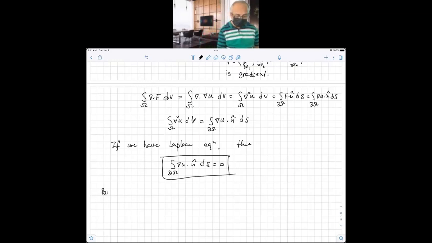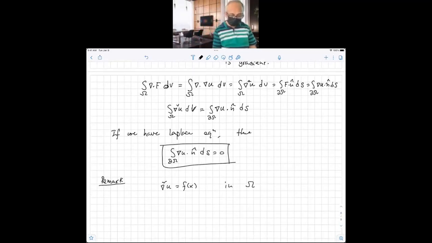So let's look at that result in a slightly different way. Let's say I have a Poisson equation instead of the Laplace equation, and this is multidimensional. It could be one-dimensional, two-dimensional, it doesn't matter; it is written in a multidimensional way. And then we have the boundary condition gradient of u dot n hat equals, let's say, g of x or h of x on the boundary of Omega.